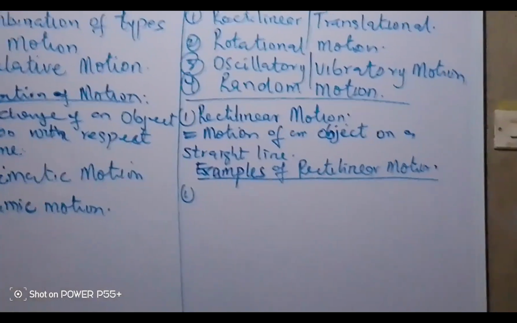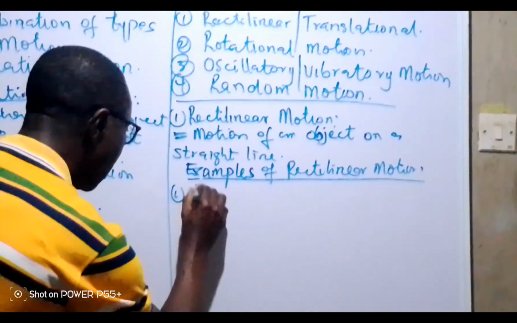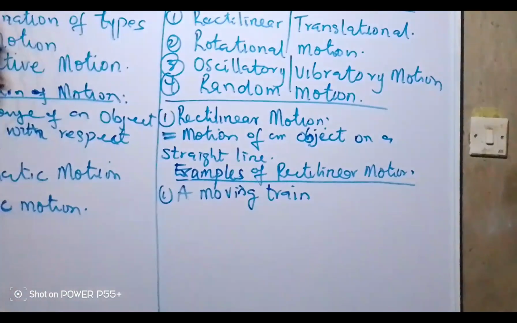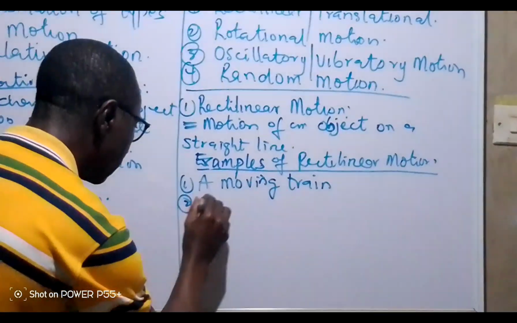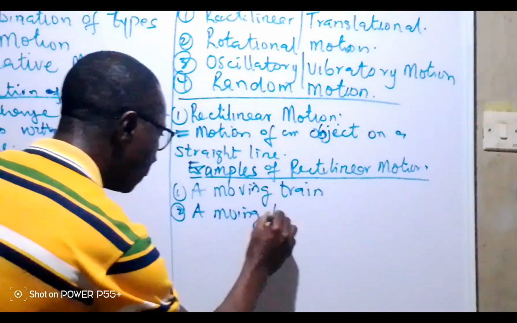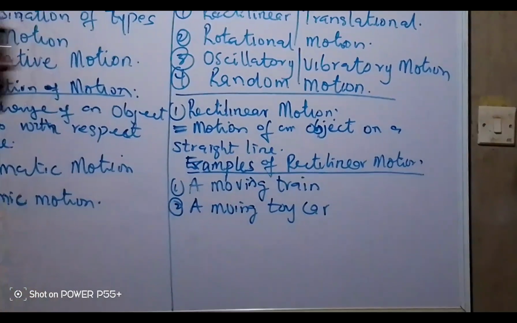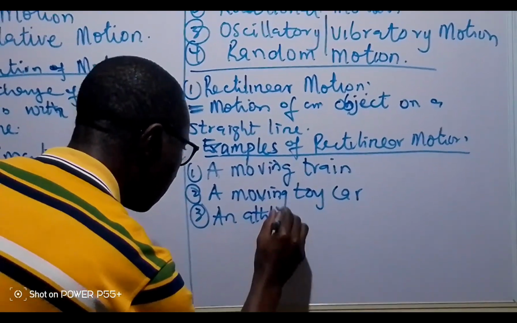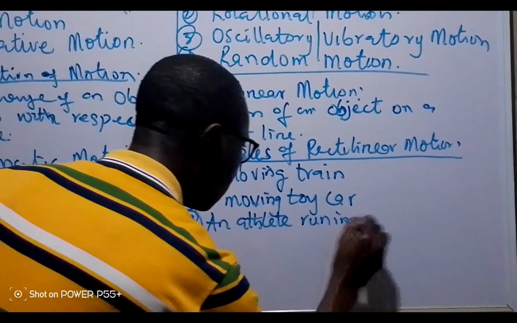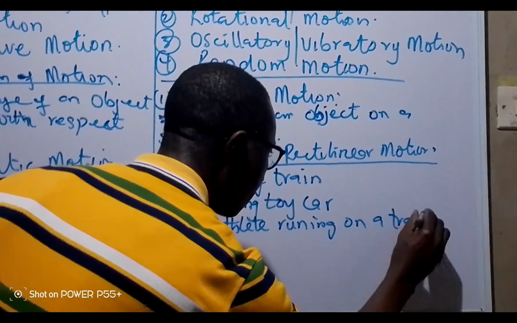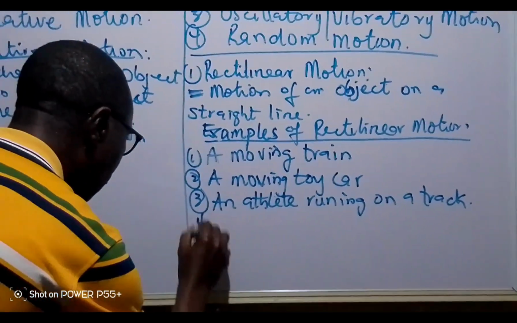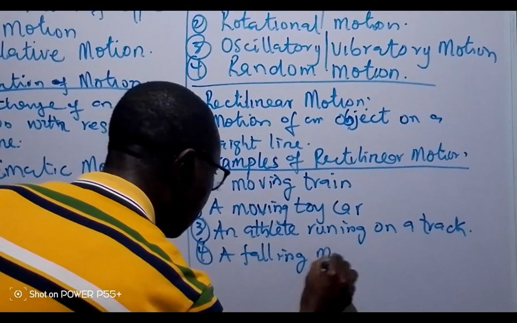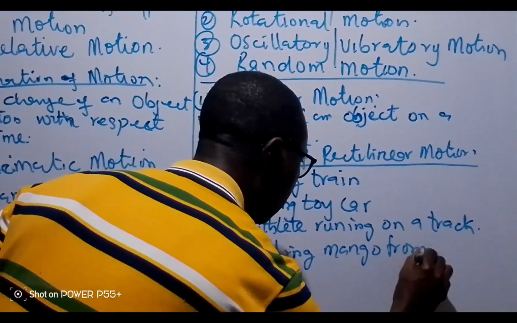According to the definition, motion of an object on a straight line. 1, a moving train. 2, a moving toy car. 3, an athlete running on a track. 4, a falling mango from tree.